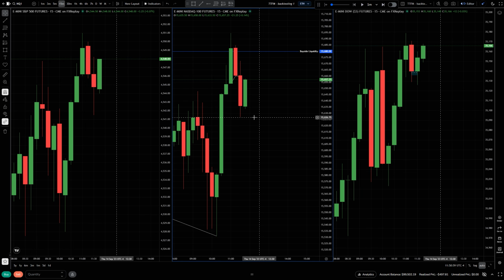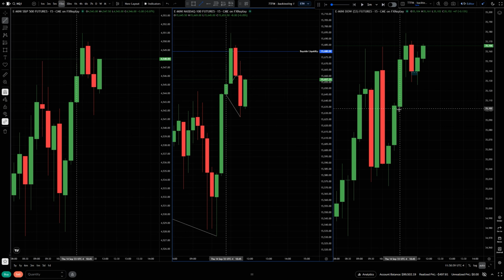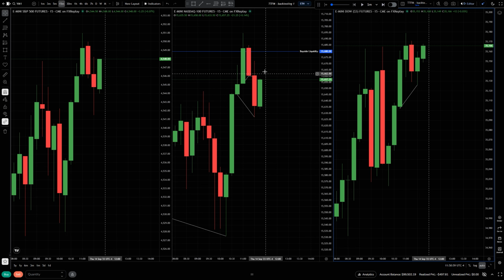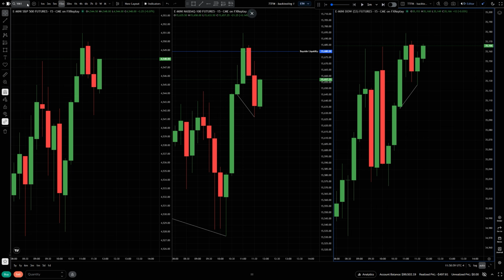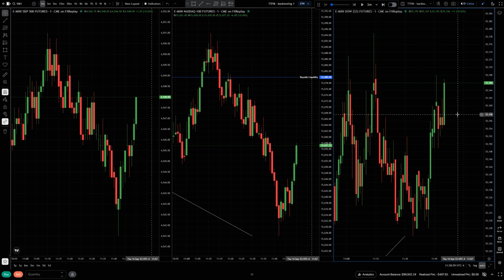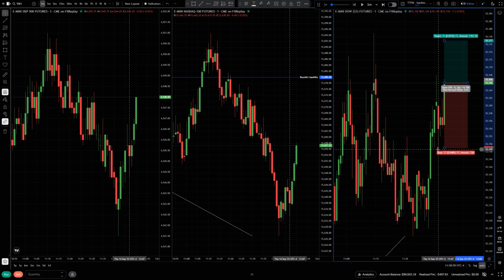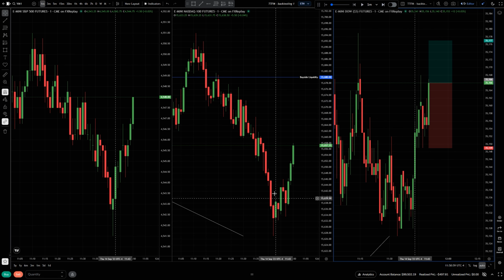We have what? Oh, we have a two-stage here. So we have it like this, where we have a PSB and an SMT fill. So we can look inside this and maybe try to get in with our stop below this.